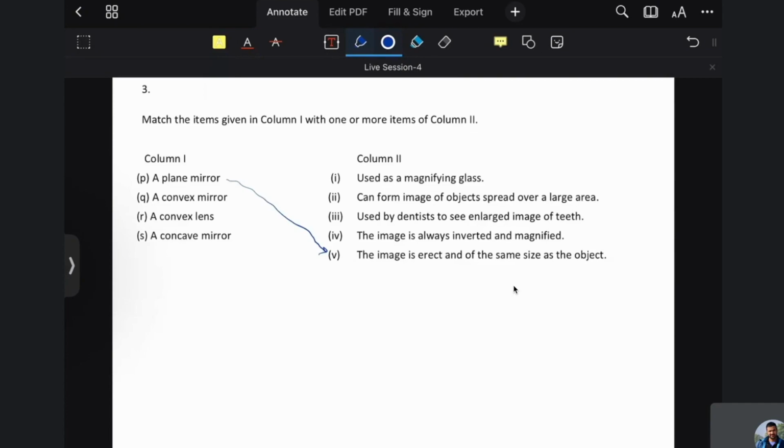Since they are diminished, they can cover a large area. So Q will match to 2: can form image of objects spread over a large area.